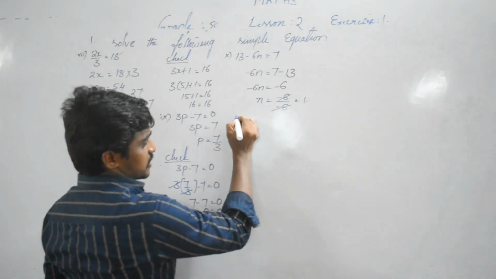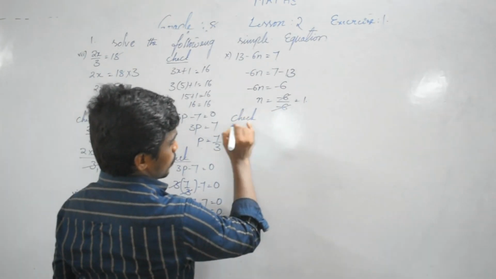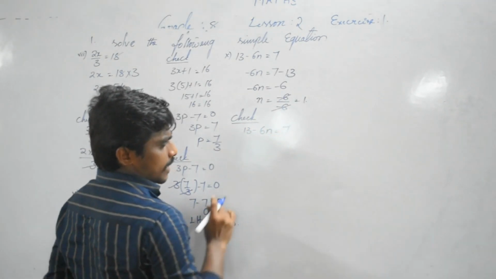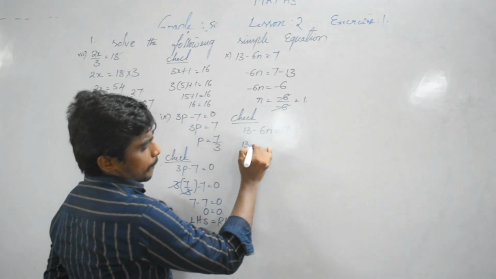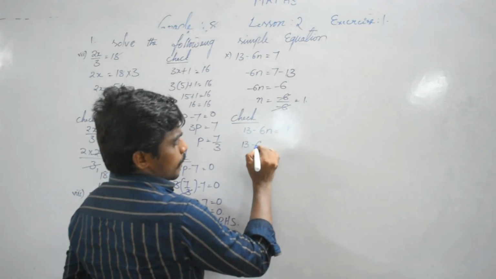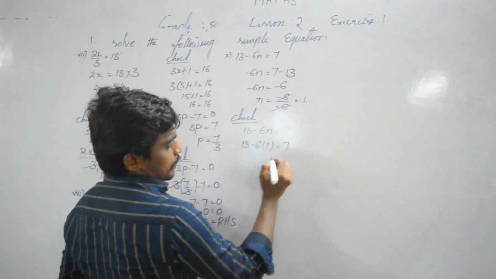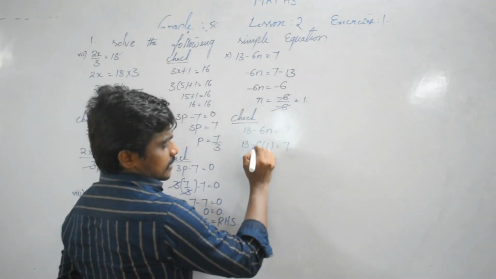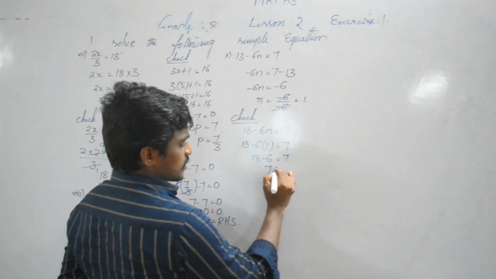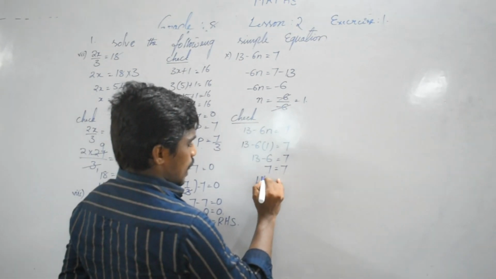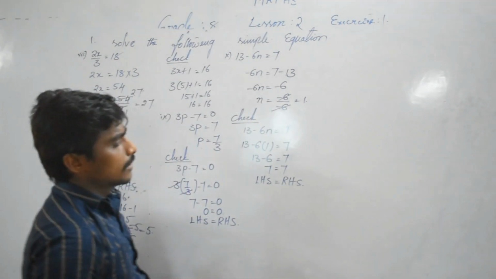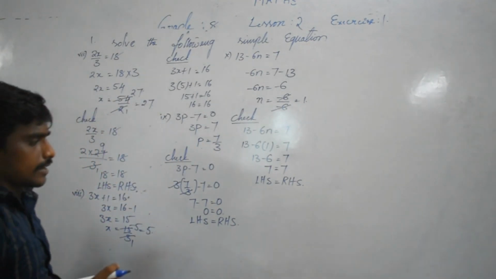So once we check this one. 13 minus 6n is equal to 7. 13 minus, n value how much? 1. 13 minus 6 ones are 6 is 7. So 7 is equal to 7. LHS and RHS equal.